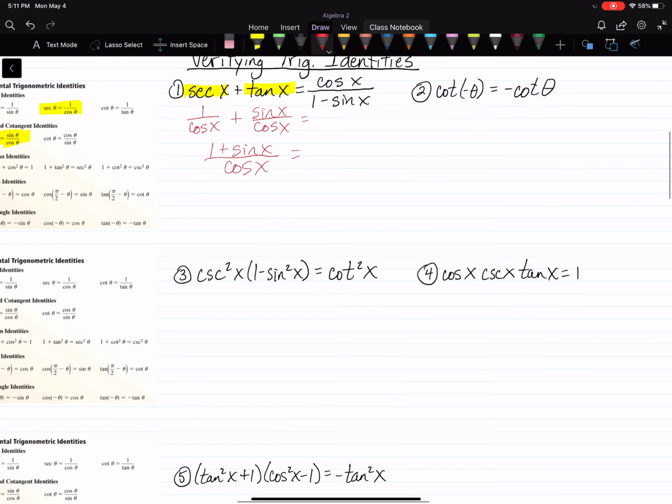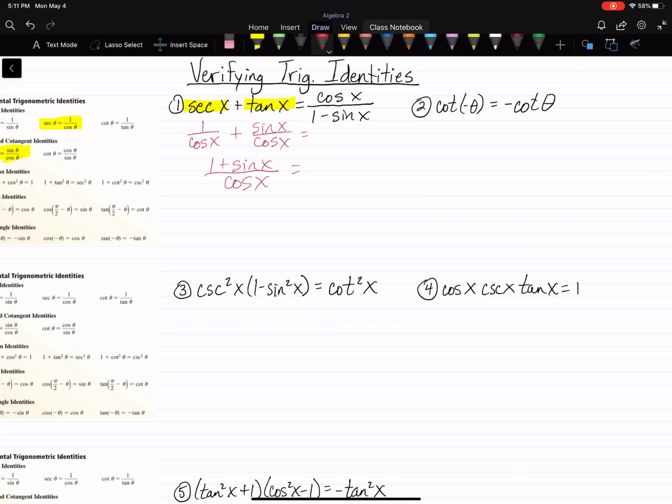So if you'll notice on the left, I have 1 plus sine of x. So over here, I'm going to put 1 plus sine of x on top. But if I put it on top, I also have to put it on the bottom because I can't change the value of it. So basically, it's like multiplying this whole thing by 1. I multiplied it by something over itself, which is 1.